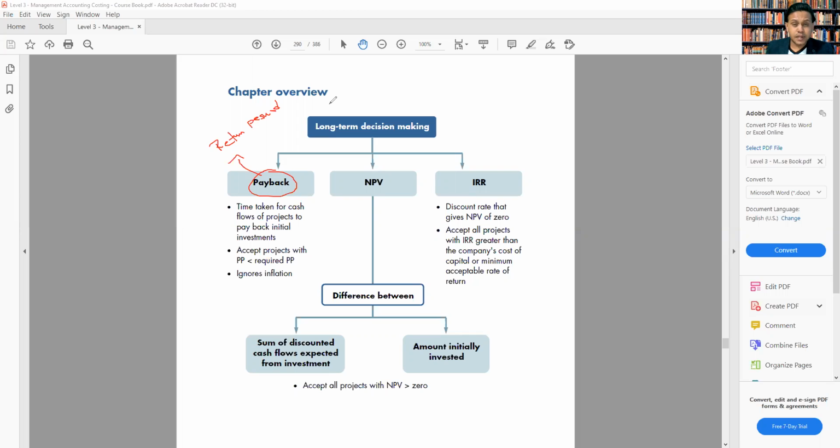What is time value of money? The time value of money means the value of the money is never the same. For example, if £1 has a value of £1 today, after 10 years the value of the £1 will not remain £1.